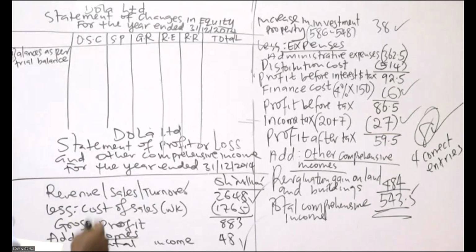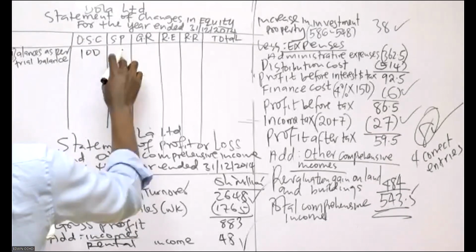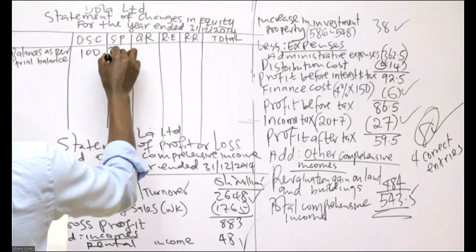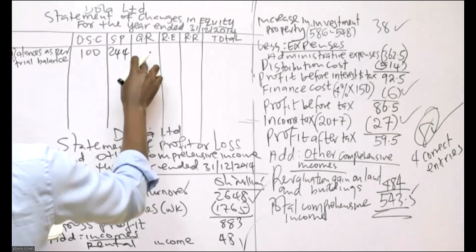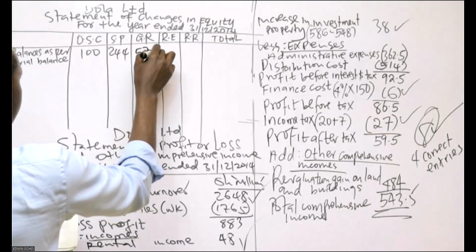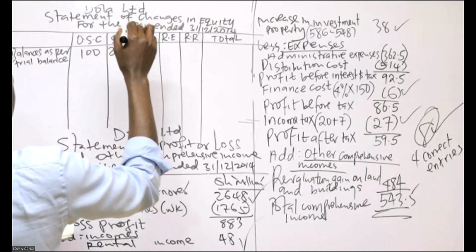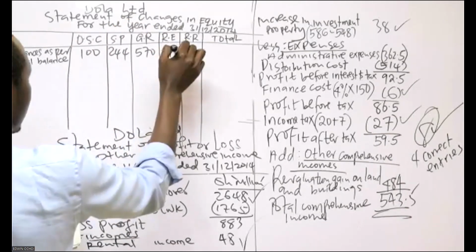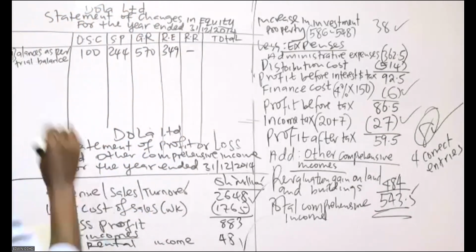For ordinary share capital it is 100, 244, 570, 349. Revaluation we don't have in the trial balance.